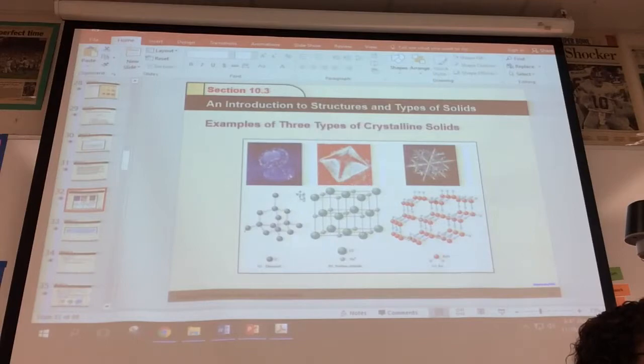Here's sodium chloride. This is your ionic solid where you have ions at the lattice positions. Again, the structure is a crystal lattice. And here's ice, for example, where you have water molecules at the lattice positions, giving rise also to a crystalline-like structure. And these are regular solids. They have a shape.